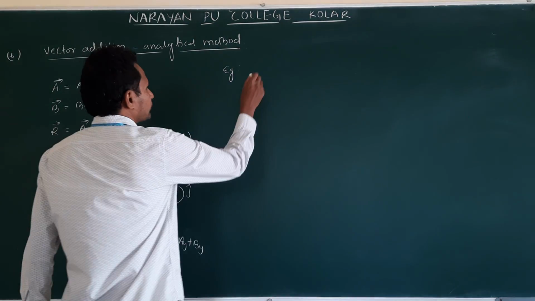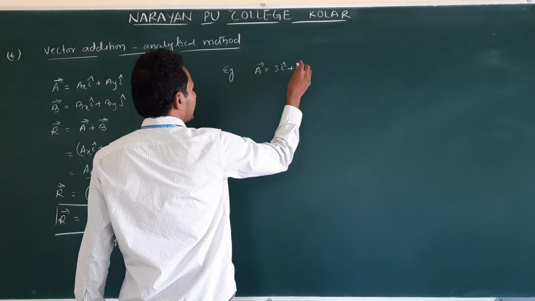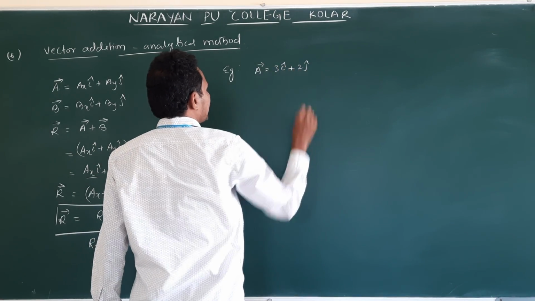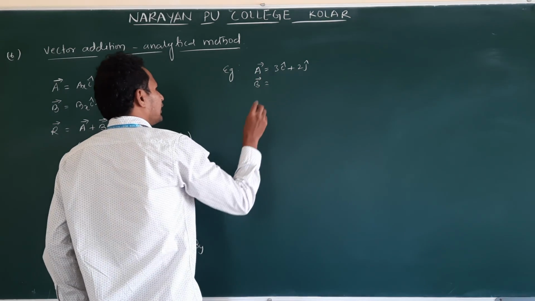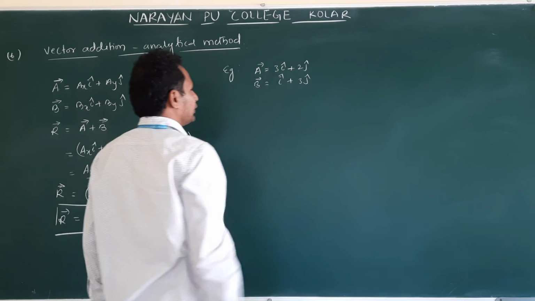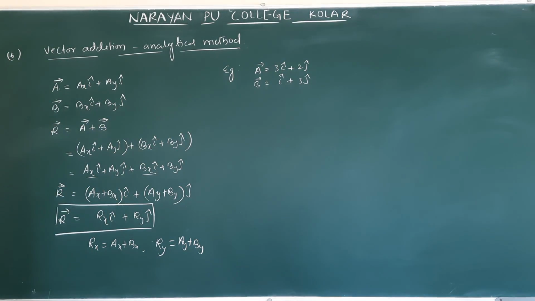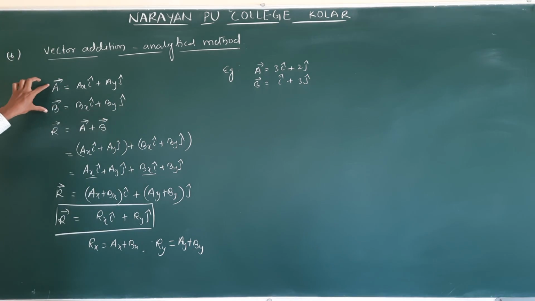Now we will come to know by seeing this example. Take vector A, let us say this is 3 i cap plus 2 j cap, and vector B, let us say simply i cap plus 3 j cap. In this example, A and B are given in vector notation.